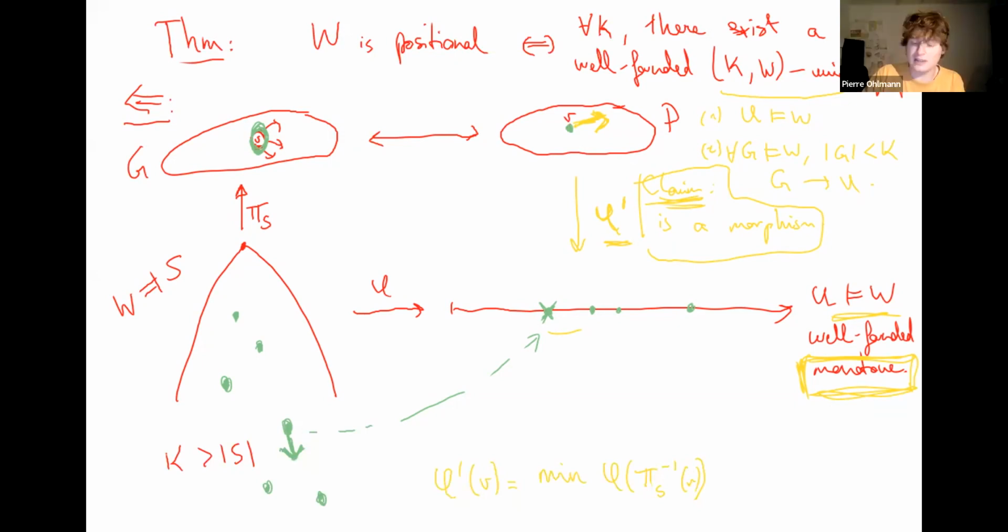Yeah, so I can argue. Should I prove this? Now there just remains to prove that phi prime is a morphism. Okay. So let's take an edge here, and I want to show that it appears. So I have an edge, and my edge was selected in my strategy, which means, let's say it goes to a blue vertex, V prime.